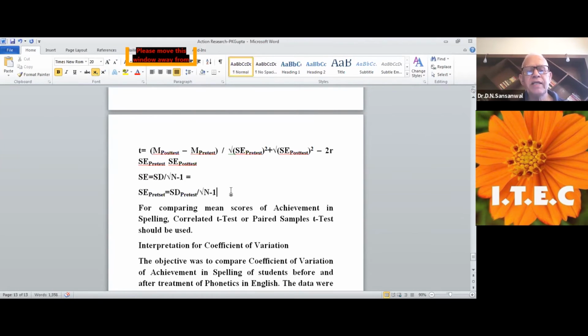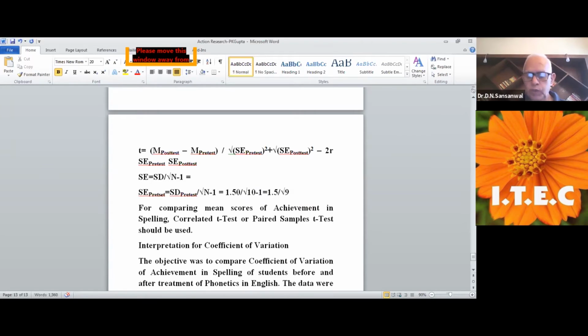In this particular case, you know that the standard deviation for the pre was 1.50, and n was 10. So this is 1.5 divided by the square root of 9, because 10 minus 1 is 9.